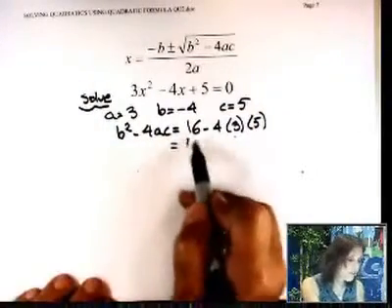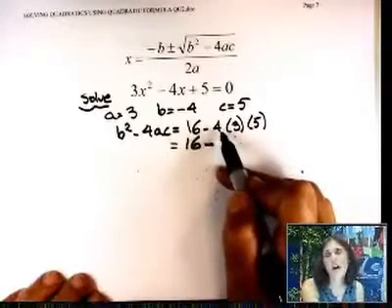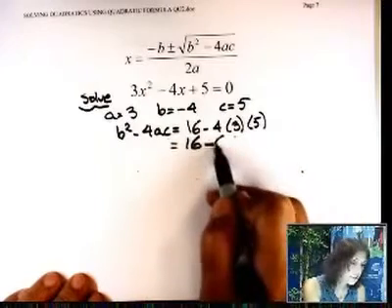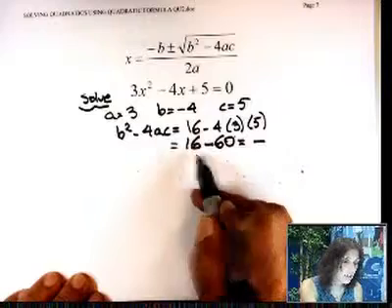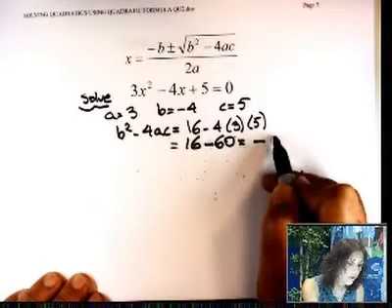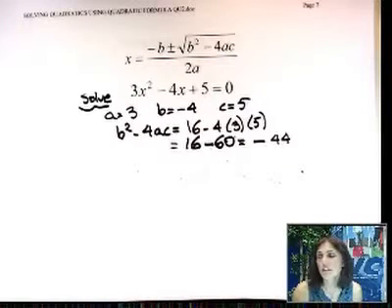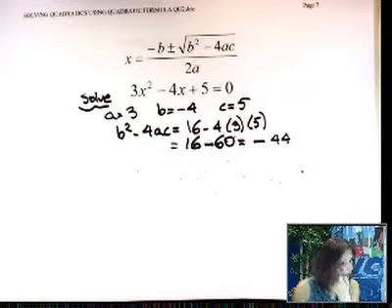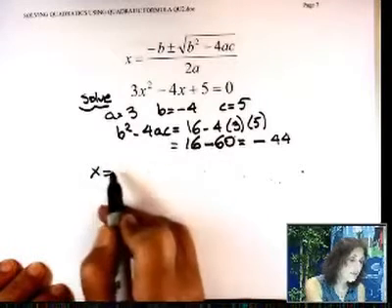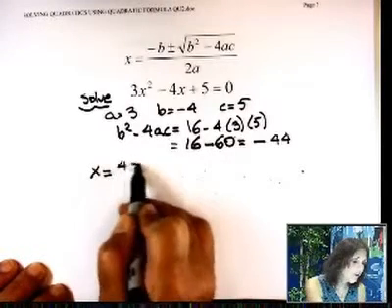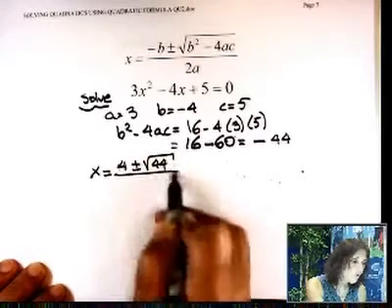This one gives you 16 minus 3 times 4 is 12, times 5, that's 60. That one is 60, 50, 44, right? 44, 56, yes, negative 44. So what do I have? X equals negative B, which is 4, plus or minus the square root of negative 44, over 2A, which is 6.